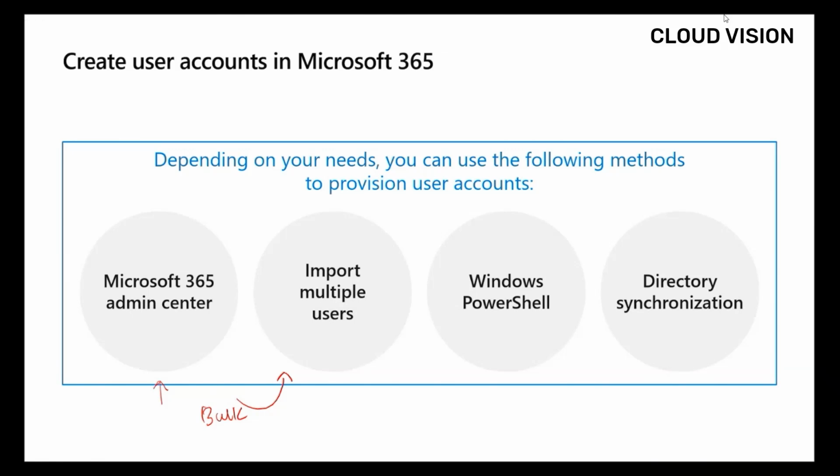You can also use Windows PowerShell. For this, you have to download a module called the MSOnline module, and then you can use commands like New-MsolUser to create your user accounts. Or if you want to sync your on-premise Active Directory to your Azure Active Directory, you can use the directory synchronization method, and this can be achieved with the help of the Azure AD Connect tool, which will automatically create identities in the cloud.